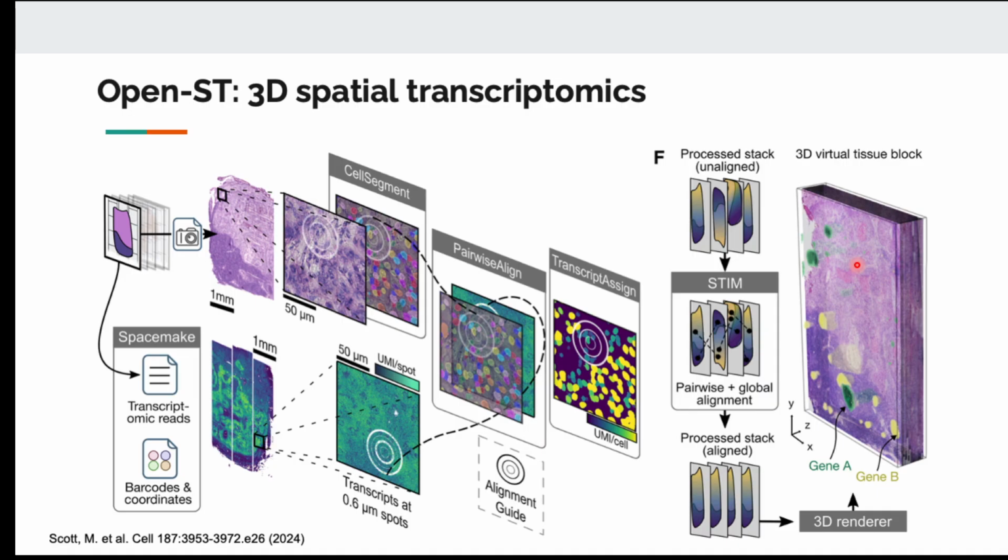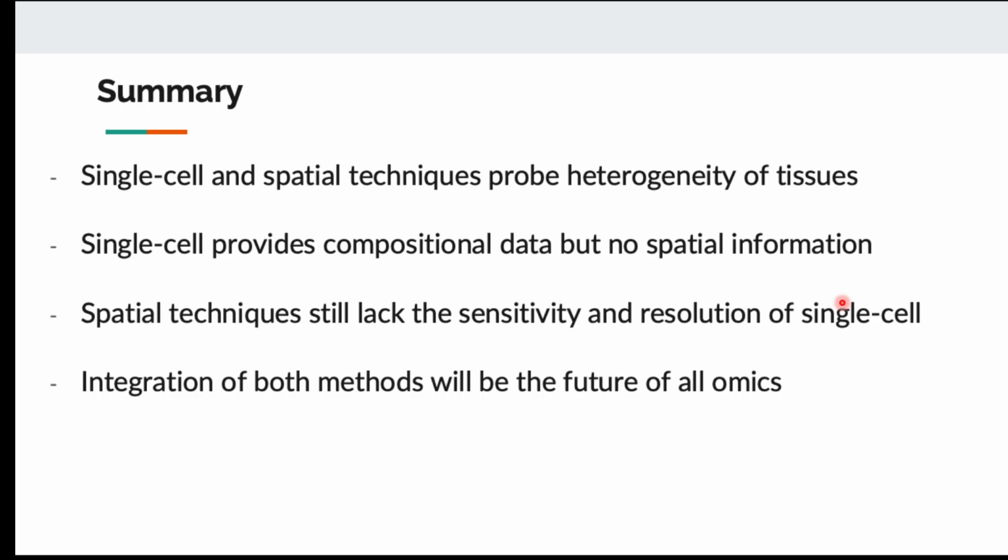And to spatial techniques, where we now start to probe gene expression or protein expression on the tissue structure itself, either in 2D or 3D, so that we now know whether some cells are next to each other or are scattered inside the tissue. So these are really important to understand the structure of the organ or the structure of the disease inside the tissue.